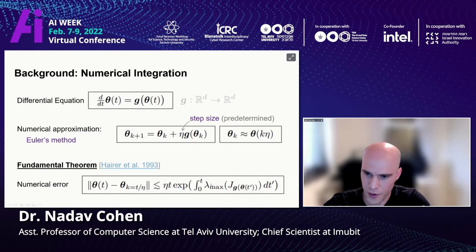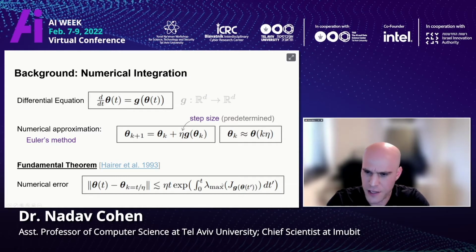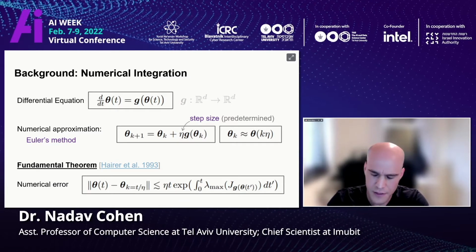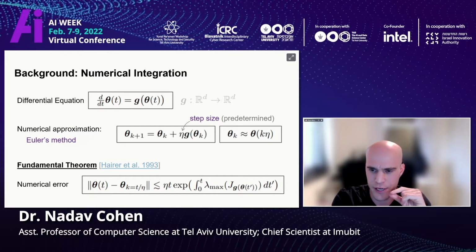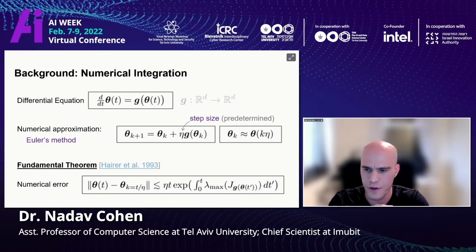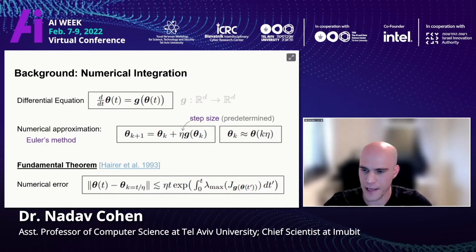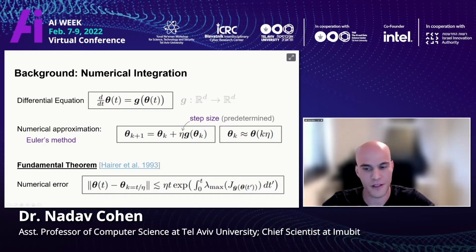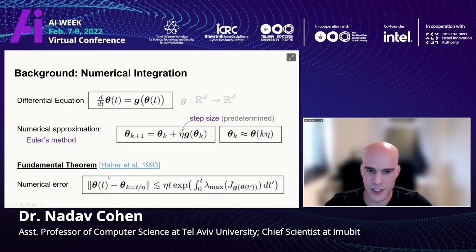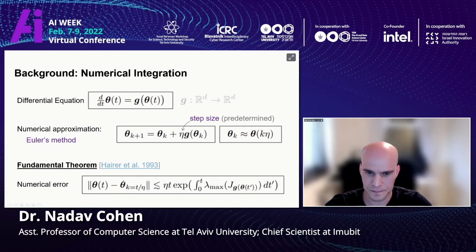And what you integrate is the maximal eigenvalue of the Jacobian of the vector field. So let me repeat this. I have my solution theta. At every point along this curve, there is the vector field g. I can take the Jacobian of g, take the maximal eigenvalue, and integrate this thing. Then I exponentiate, and this is my bound.